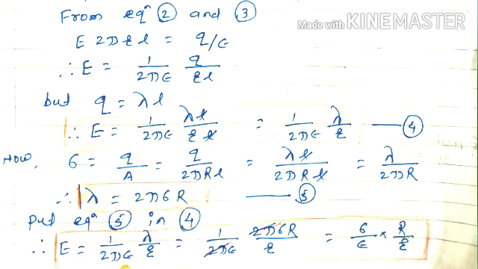Here capital R is the radius of the conducting wire, and small r is the distance of point P, or the radius of the Gaussian surface. So this is the value of electric field intensity outside the conducting wire.